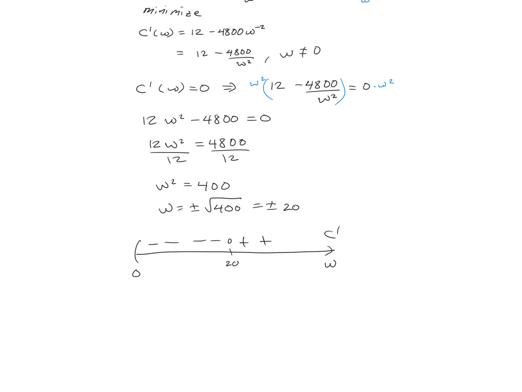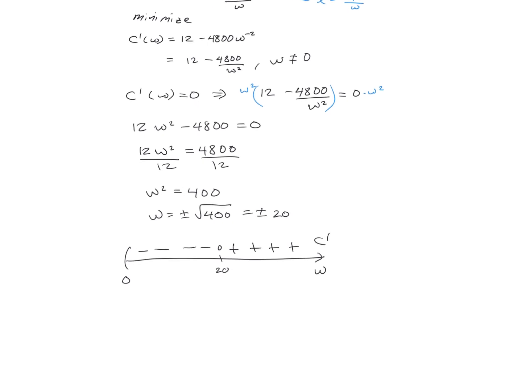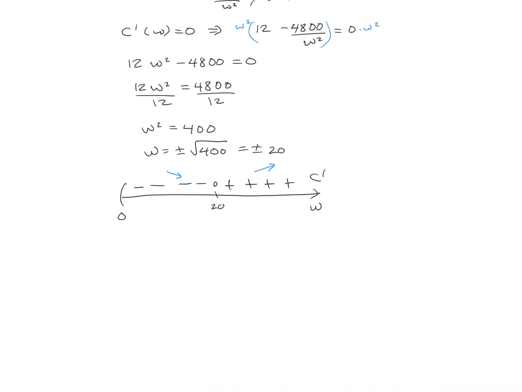Over on this side, if you take something such as 21 or 100 or 1,000, C prime is going to be a positive number, because that second term basically goes to 0. So we know that our cost is decreasing for values of W less than 20 and increasing for values greater than 20. So we do have ourselves a minimum at 20.